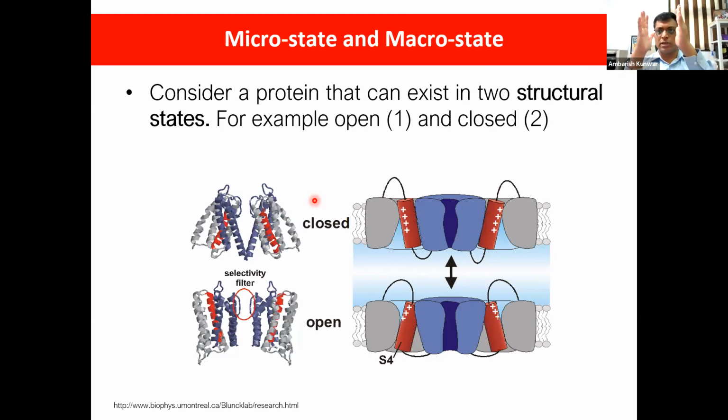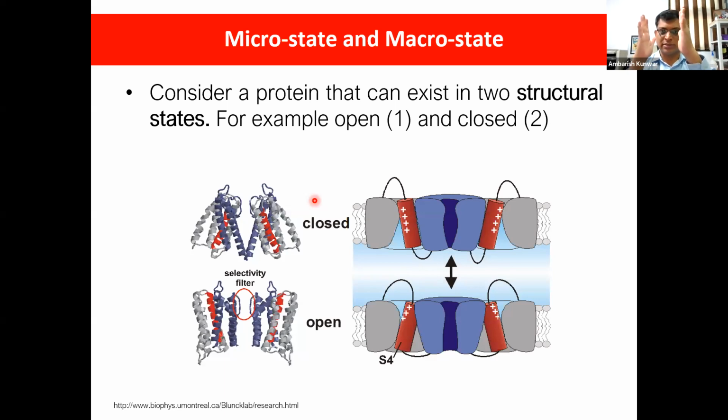Overall the state looks like an open state, but it will consist of many microscopic arrangements of atoms. In this case the open state will be called the macro state, and all the different atomic arrangements that correspond to this particular macroscopic state will be called the microscopic states corresponding to the open macroscopic state.